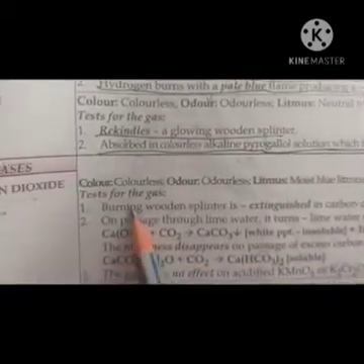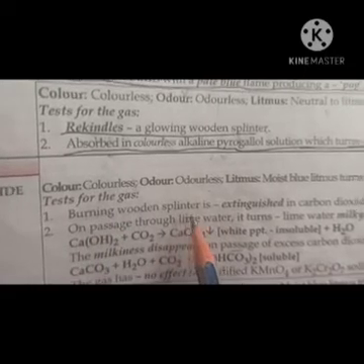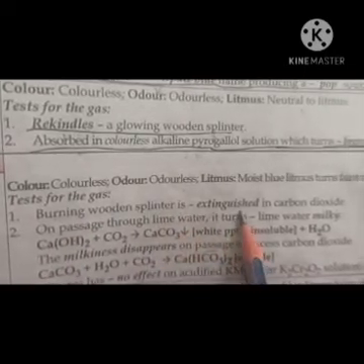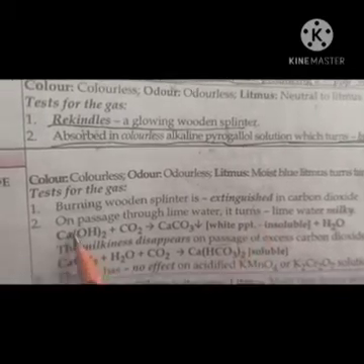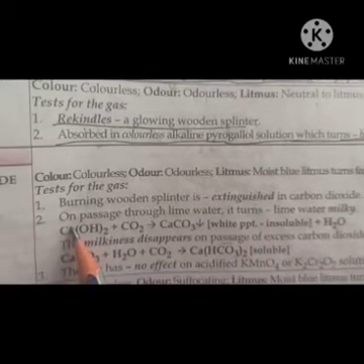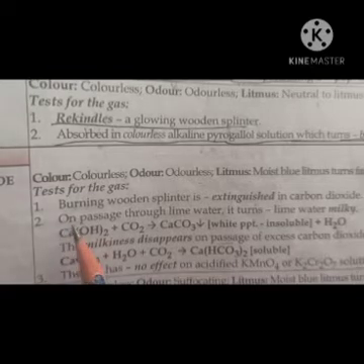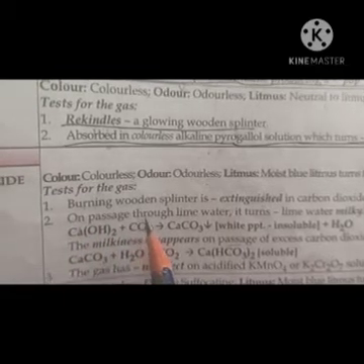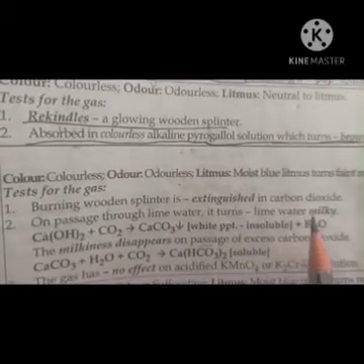Now, what is the test for the gas? Whenever you bring a burning wooden splinter near the carbon dioxide gas, it extinguishes, right? Because all of you know that carbon dioxide also doesn't support burning. Second is, when you pass carbon dioxide gas through lime water, it turns lime water milky.